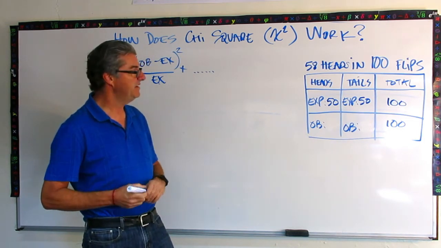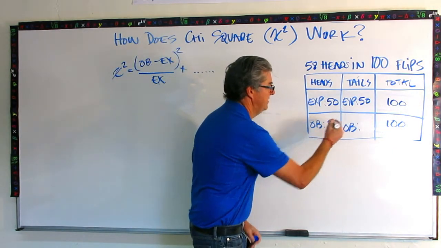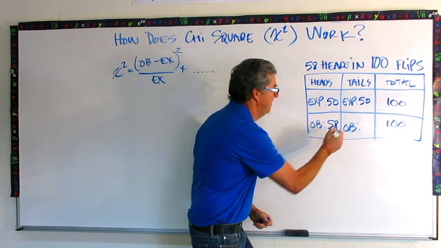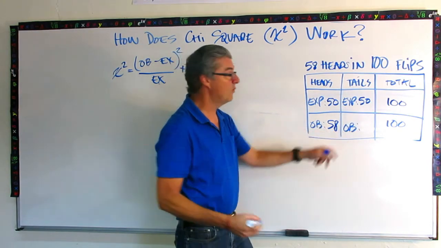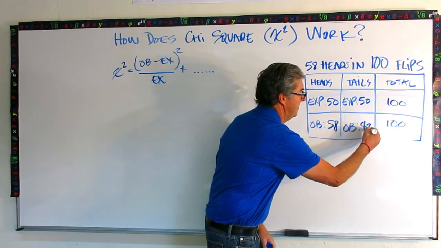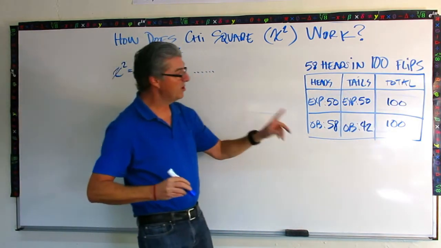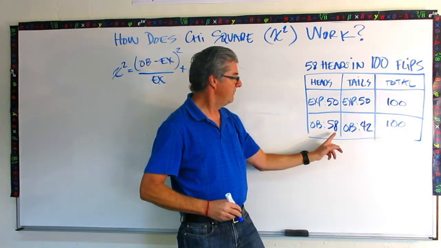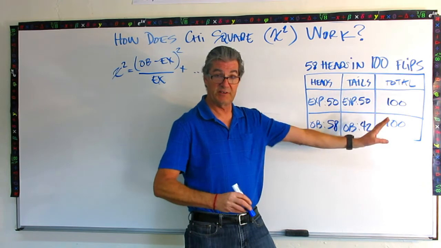Okay, let's see how you did. Observed here is 58. That makes sense. And then observed here is just 100 minus 58. We know we had to get 42 tails. Okay, so now we can start plugging in. Actually, one more check. 50 plus 50 is 100. 58 plus 42 is also 100, so our table's good.